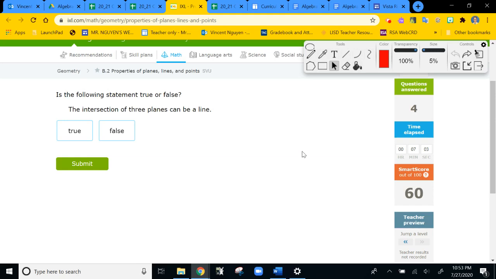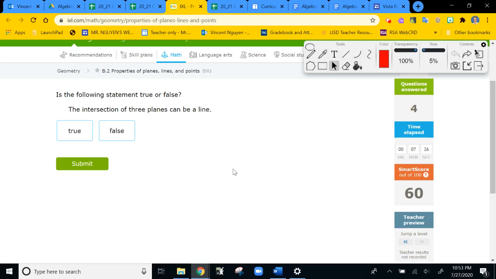The intersection of three planes can be a line. Okay, this is a little bit difficult to draw because when the three planes intersect, they cross each other. They go through each other, and by definition, a plane also travels indefinitely.